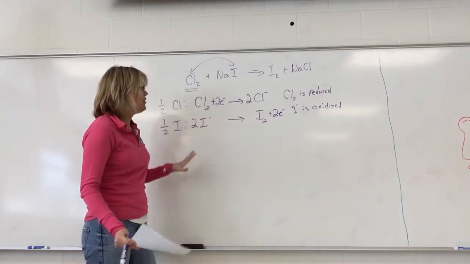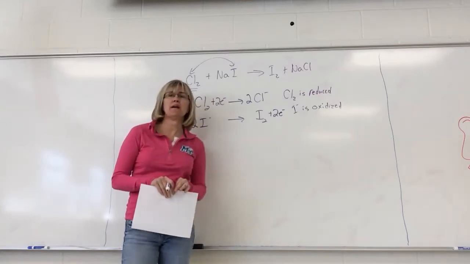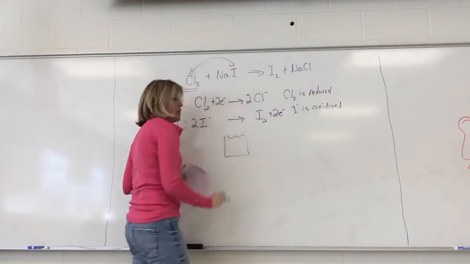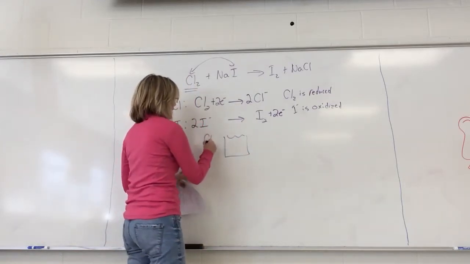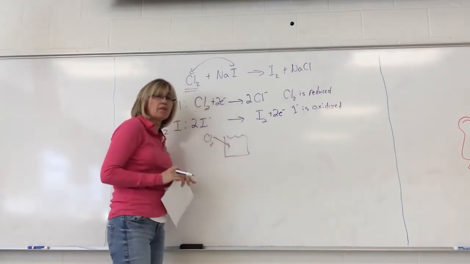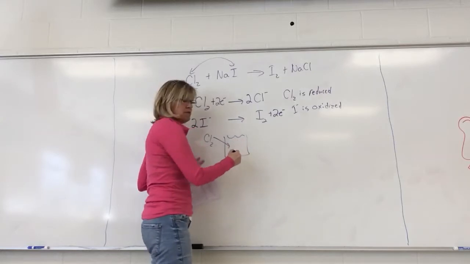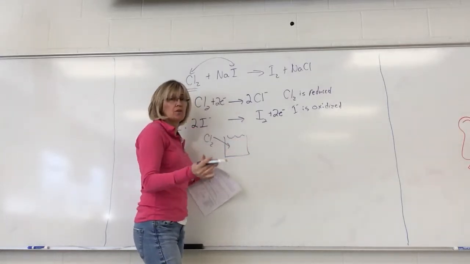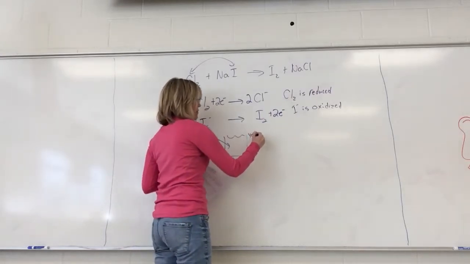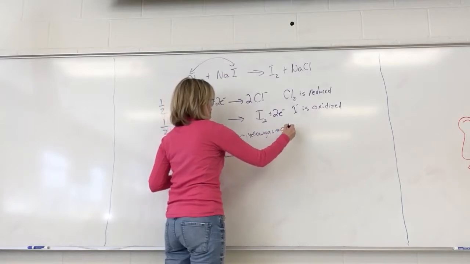And once again, chlorine gas is bubbled through a solution of sodium iodide. So we would have a colorless solution, right? And chlorine gas is a yellow gas. As we bubble this through, the yellow chlorine gas is going to disappear, isn't it, into a chloride ion. So we would have a yellow gas that goes into a colorless solution.